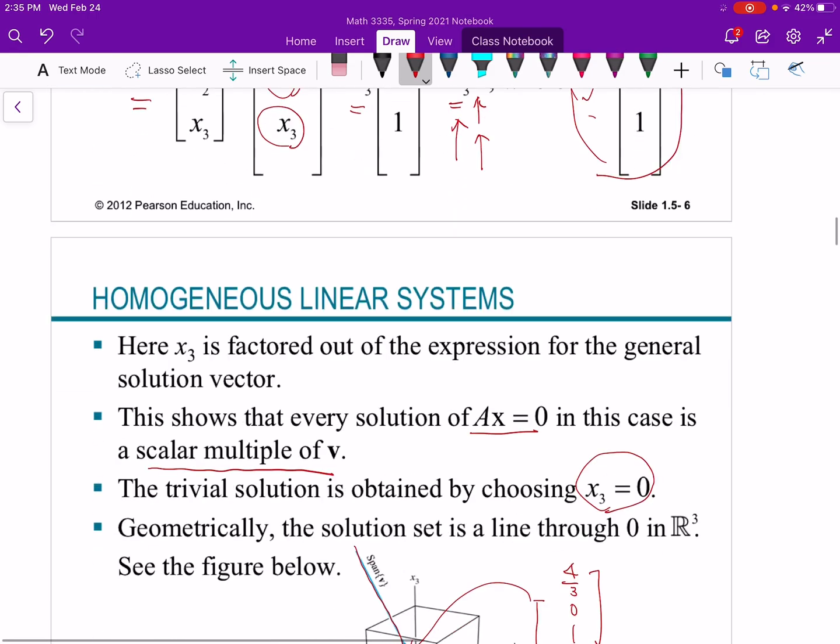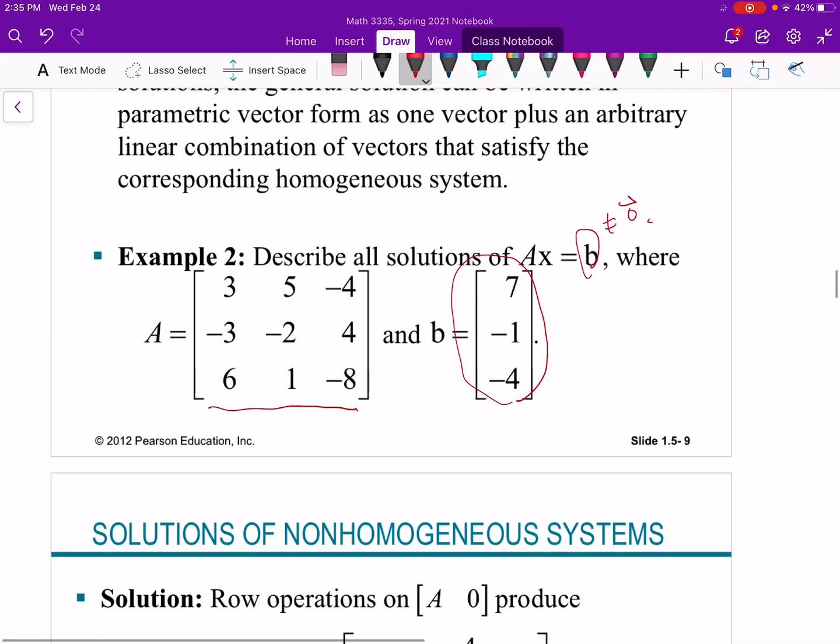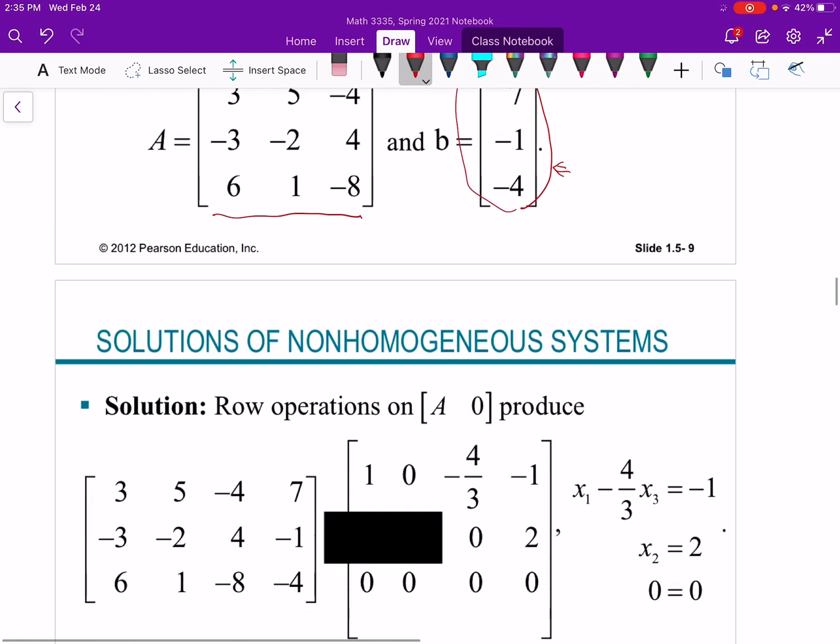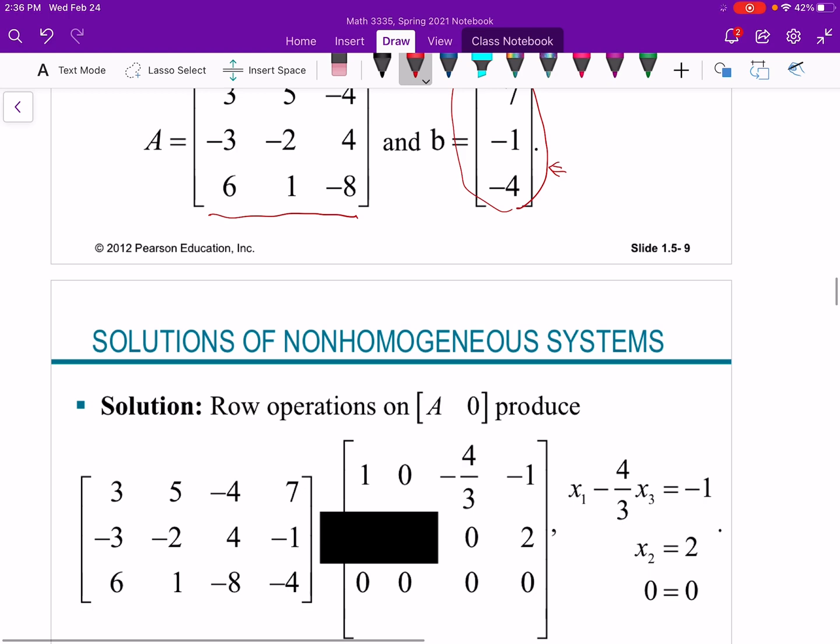The only difference now is the right-hand side is non-zero. We do the row reduced echelon form and it will be the same, giving you 0 and 1 right here. The only difference is that the right-hand side is non-zero.